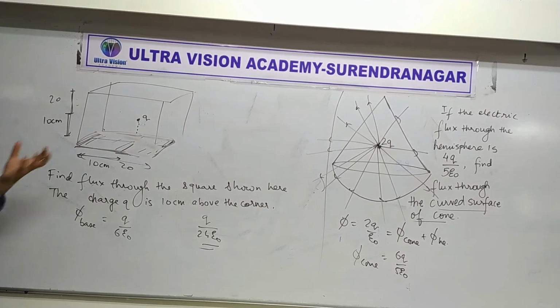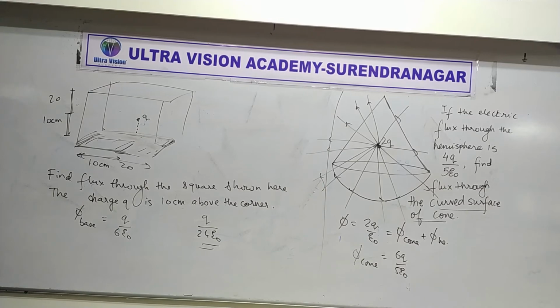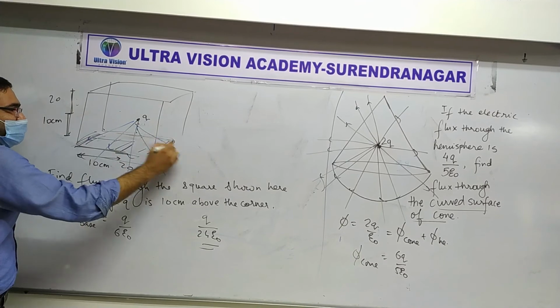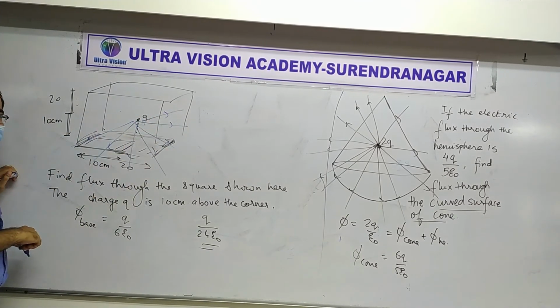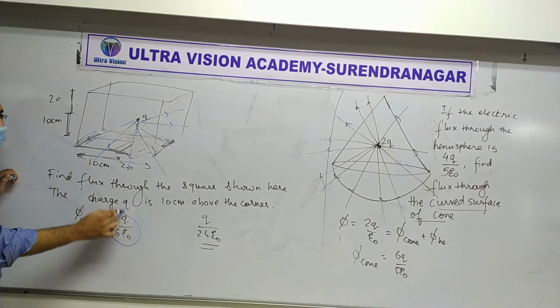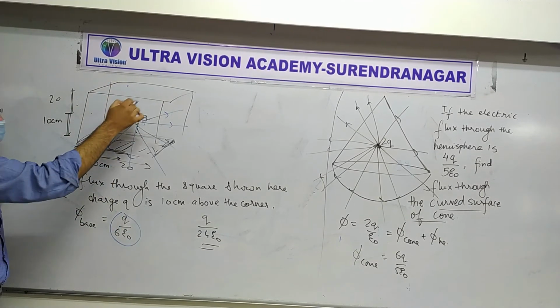Any questions on what we have done here? The charge is not in the middle of the cube's face, but we have to find how many field lines are going through like this. Field lines will go through all sides, not zero.